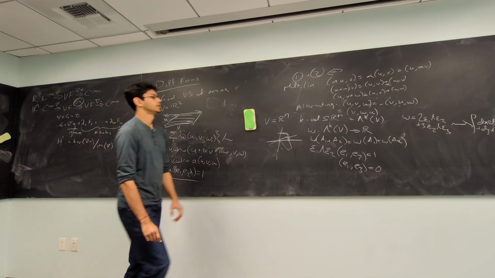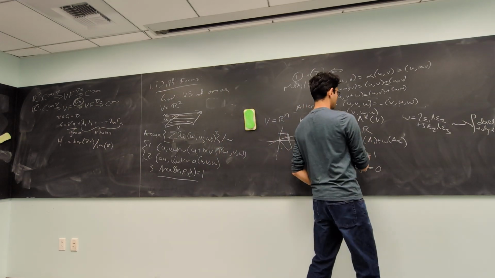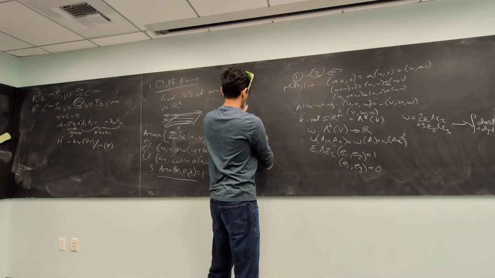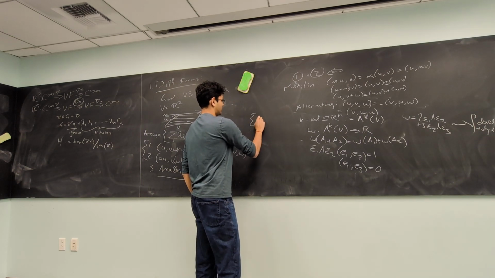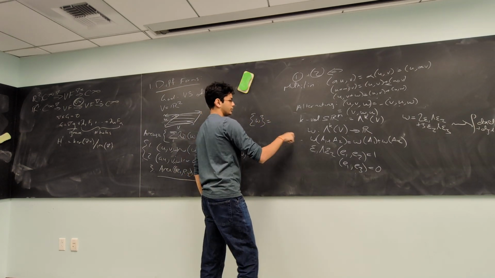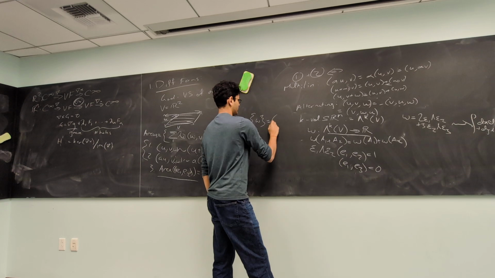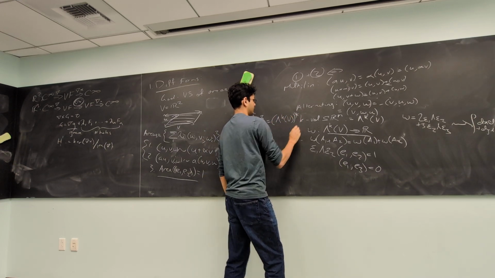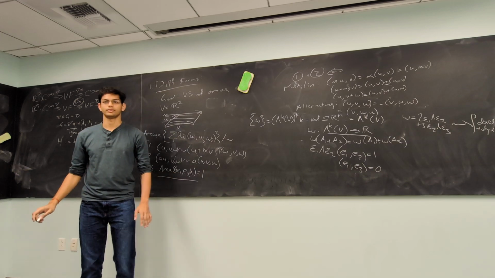And so the space of all such omega is equal to the dual of this. Has anyone not seen dual vector spaces before?